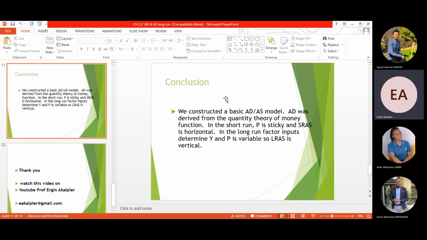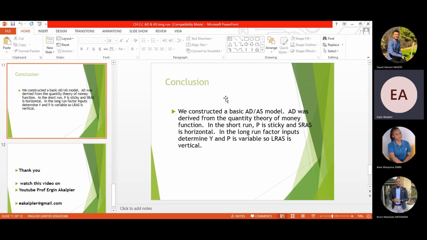And I come to the first part of our presentation, the conclusion. We constructed the aggregate demand and aggregate supply curve with the quantity theory of money, as I presented shortly. The aggregate demand was derived from the quantity theory of money, as illustrated and interpreted with the functions of the economy.